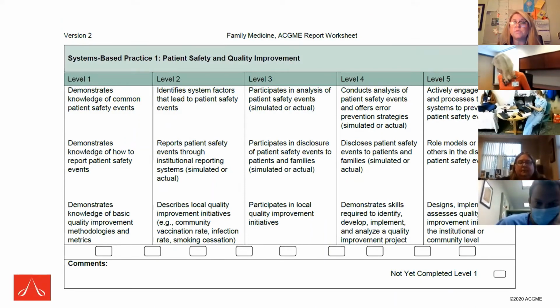Systems-based practice. This is where we deal with patient safety and quality improvement. And this is going to be really important because those of you who sit on peer review committees and those of you who are involved in root cause analyses or anything to do with quality and safety, it's going to be really important for your development as a physician.